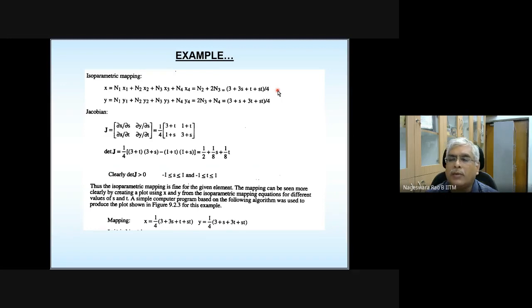And if you plot X and Y as a function of S and T, S going from -1 to 1, T going from -1 to 1, that plot is going to tell you whether there is any issue with this mapping or not, whether there is any problem with one-to-one correspondence or not.